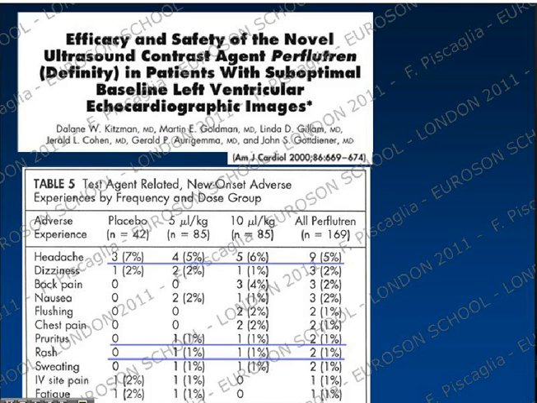This is another contrast agent that was tested, and also in this case you see that different dosages of the agent did not produce substantially different and increased rate of events in comparison to placebo. And all the events that were observed were mild, and only a few could potentially be directly related to the agent due to an allergic mechanism. But the rate was very low, and the clinical manifestations were mild.